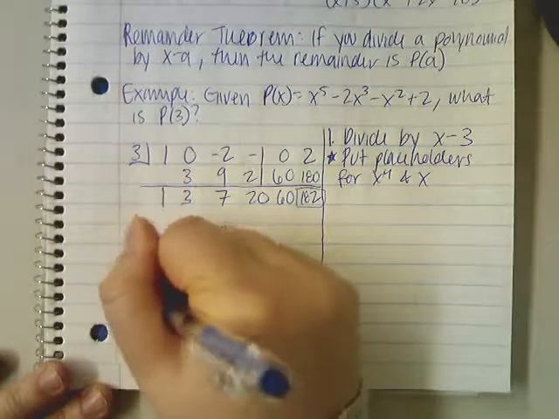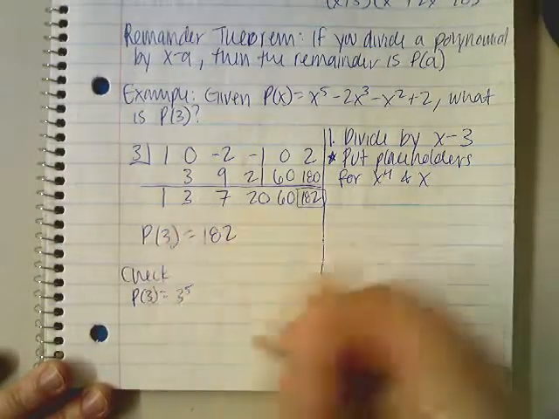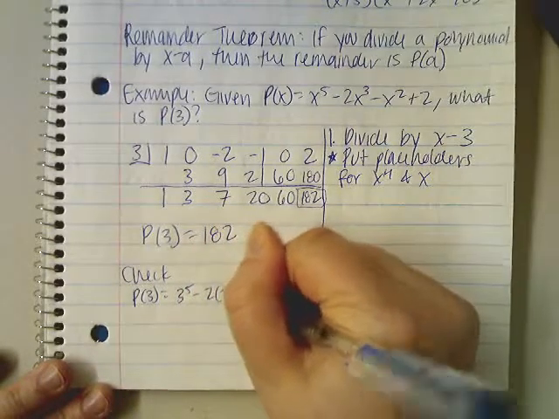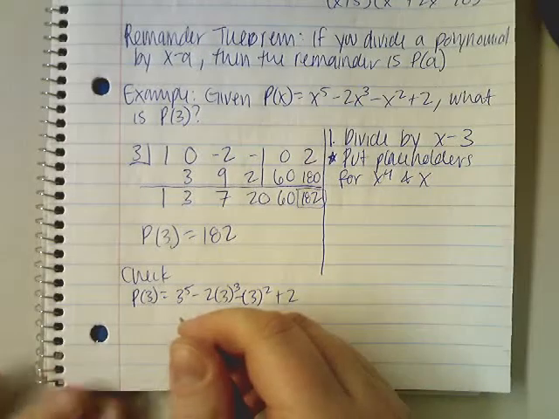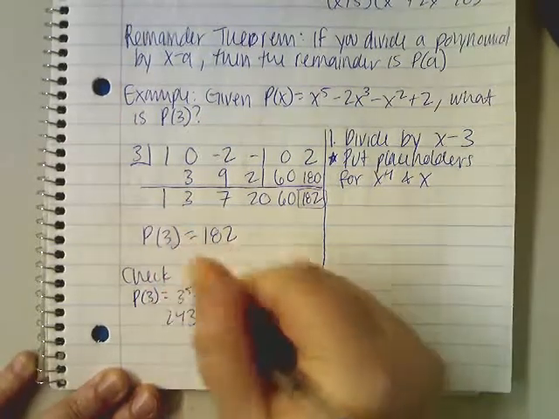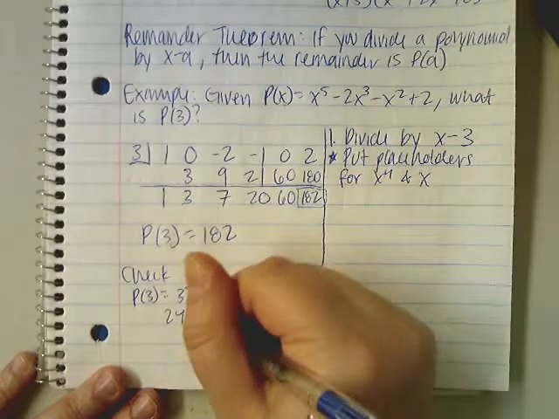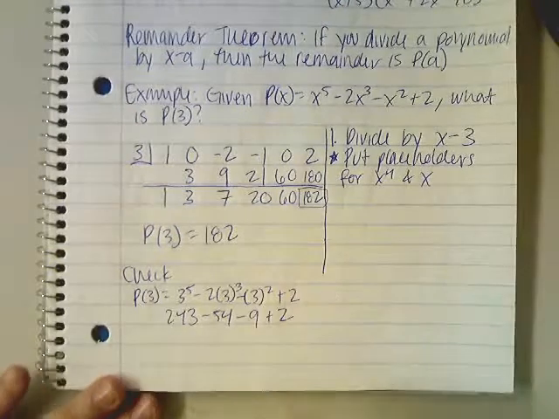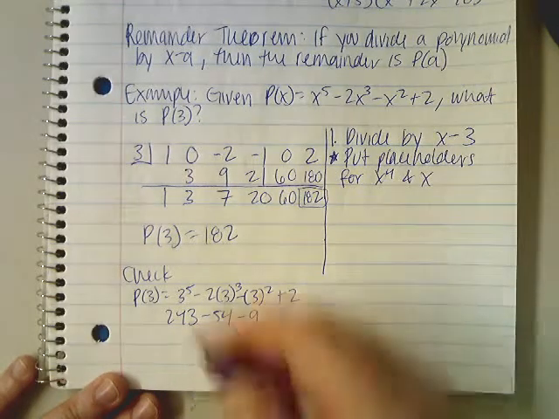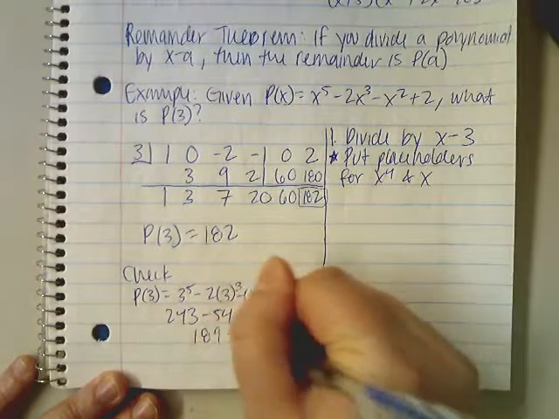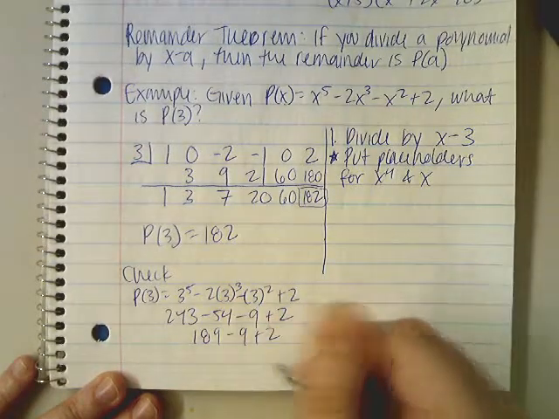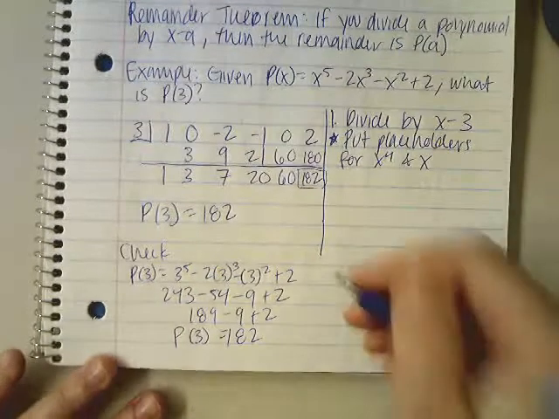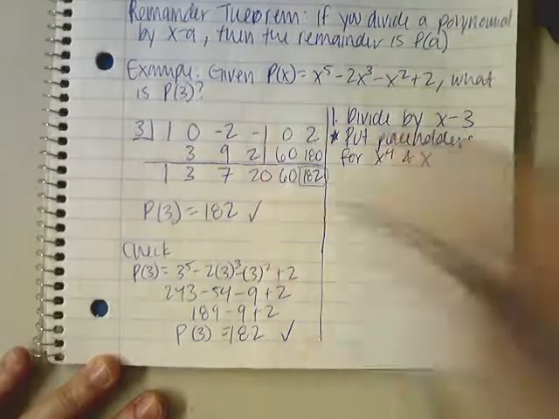So if I do P of 3 equals 3 to the 5th minus 2 times 3 cubed minus 3 squared plus 2. 3 to the 5th is 243. 3 cubed is 27 times 2 is 54. 3 squared is 9, and then plus 2. 243 minus 54 leaves us with 189 minus 9 plus 2, which leaves us with 180 plus 2, or 182. So in both methods, we get P of 3 is equal to 182. So that checks out. Our method works.